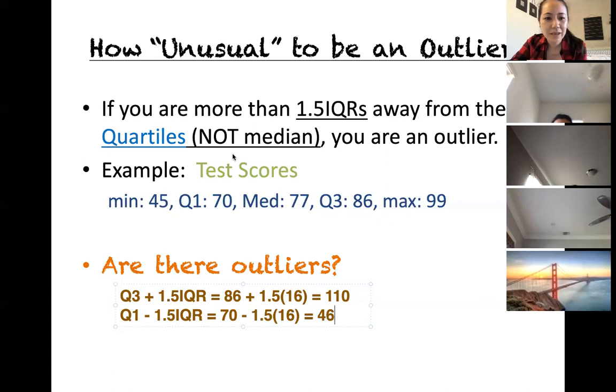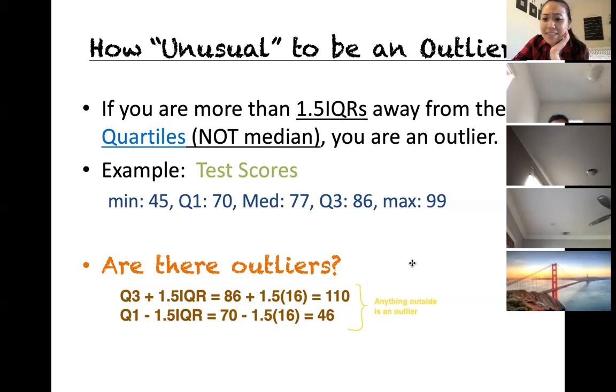What this region tells me is that anything outside of these two numbers would be considered an outlier in the data.